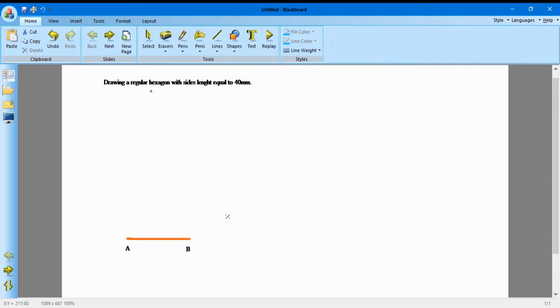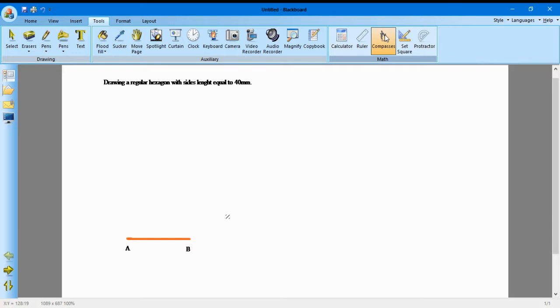Now, what will I do now? I will use my compass, guys, which is this one here. And I want you to set your compass at point A. Okay?